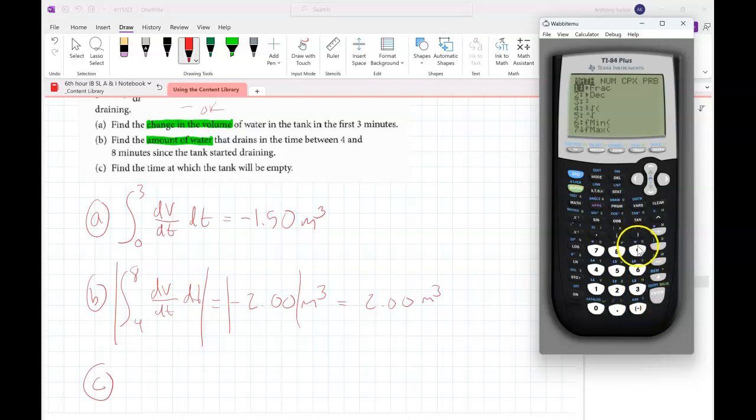And then the next one, I'm going to do the integral from 0 to x of y1 dx. And I'm going to see what I get there.